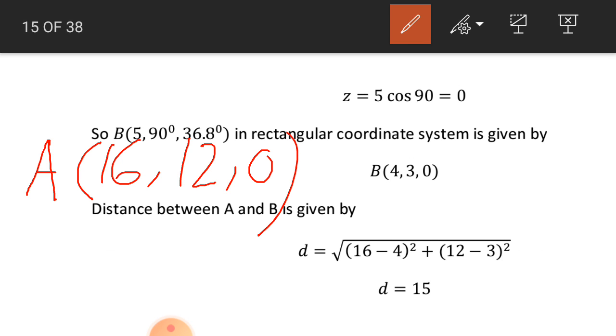The distance between these 2 points will be equal to under root 16 minus 4 whole square, plus 12 minus 3 whole square, plus 0 minus 0 whole square. So the distance between these 2 points turns out to be 15.